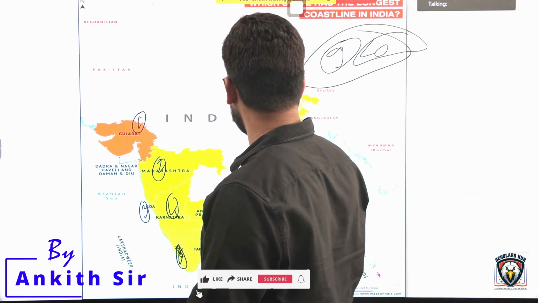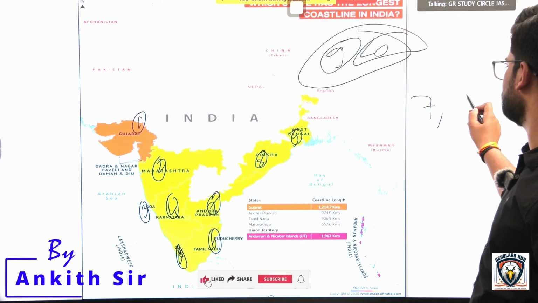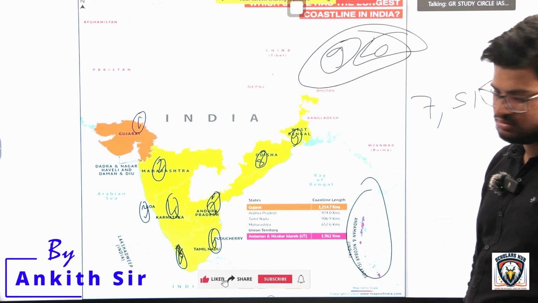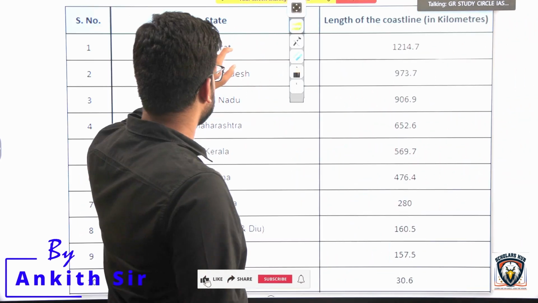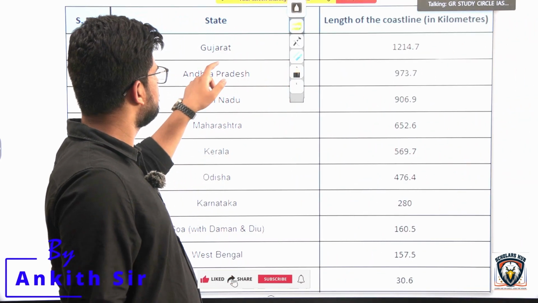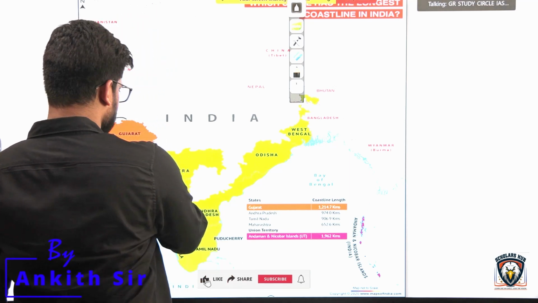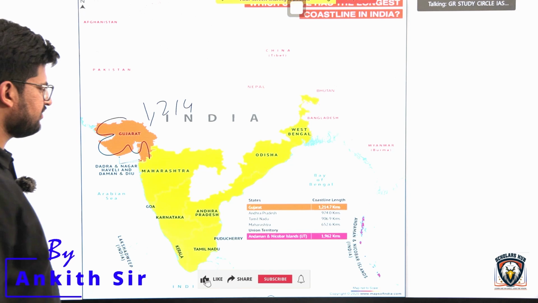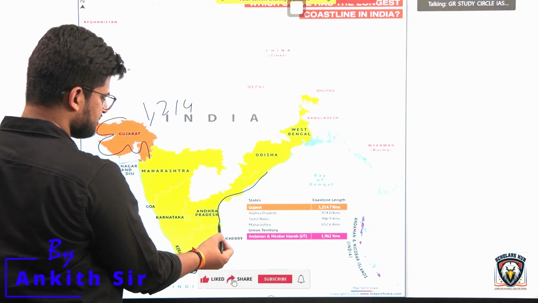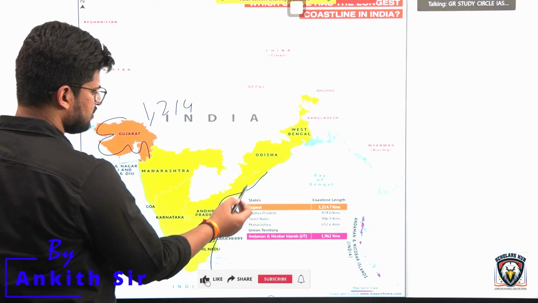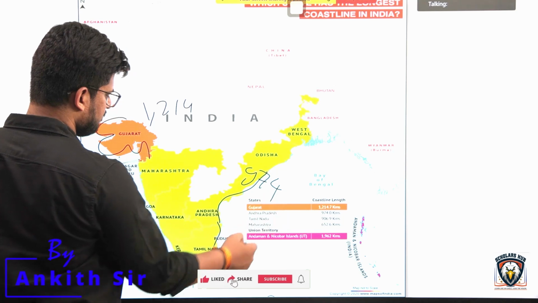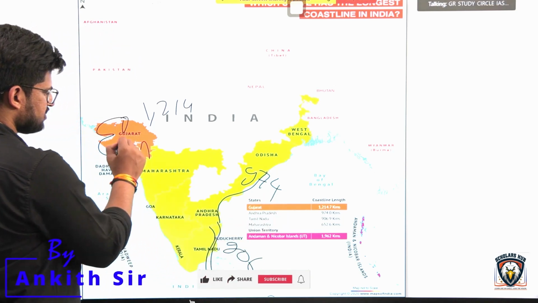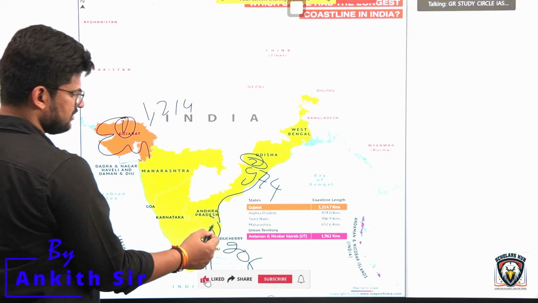Total length is 7,516.6 kilometers if you include Andaman and Lakshadweep. The state with the largest coastline is Gujarat, around 1,214 kilometers. Then followed by Andhra Pradesh and Tamil Nadu. Andhra Pradesh around 974, Tamil Nadu around 906. So first, second and third in coastline.